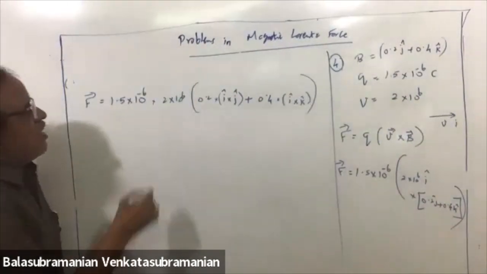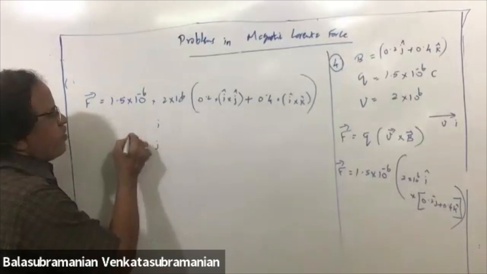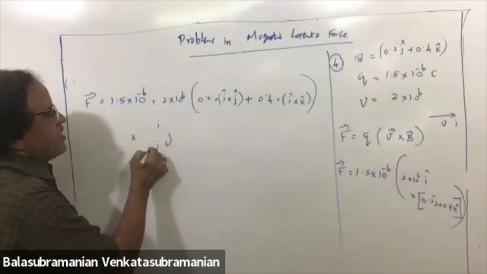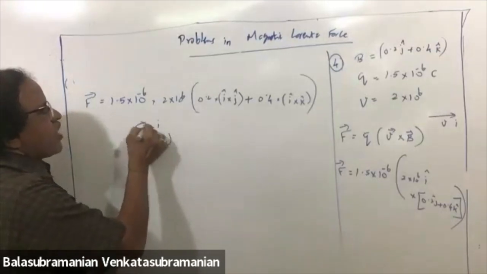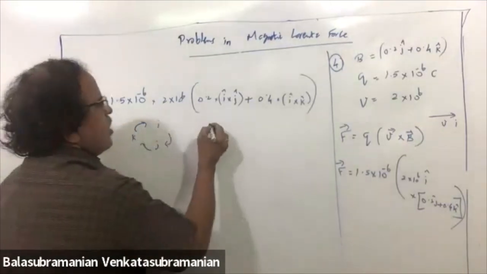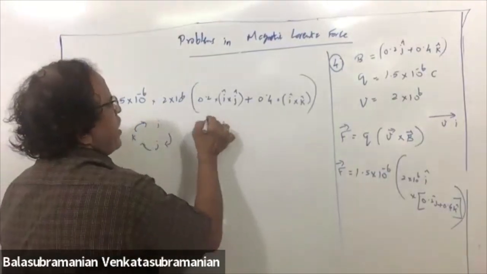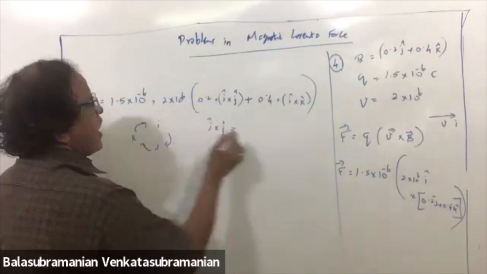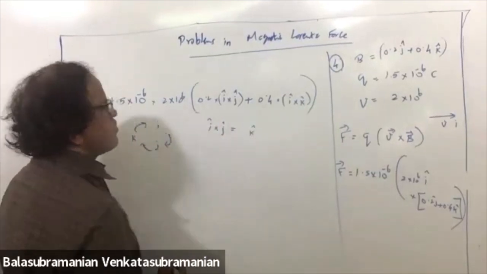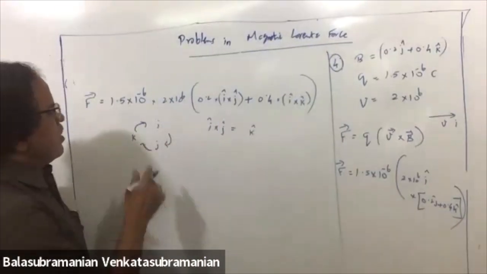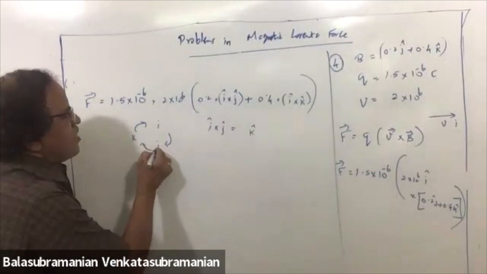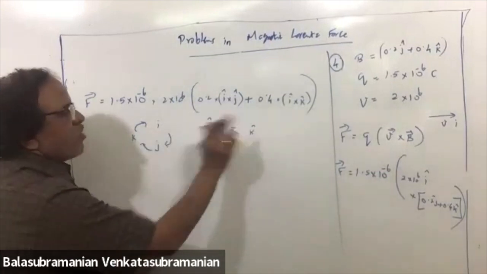You know very well, in vector product properties, IJK, if you are taking in clockwise, then I cross J will be K. I cross J will be K. Okay.